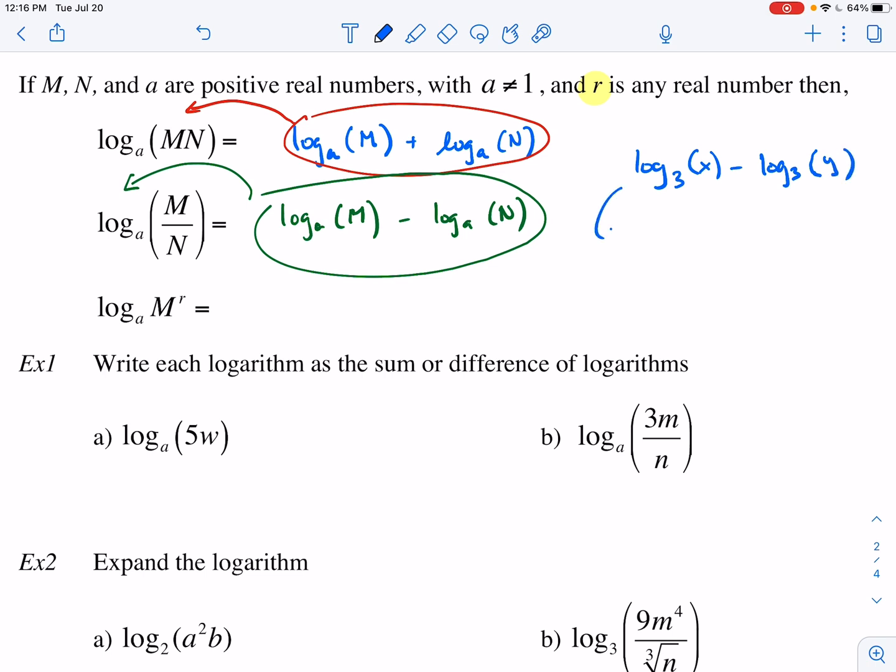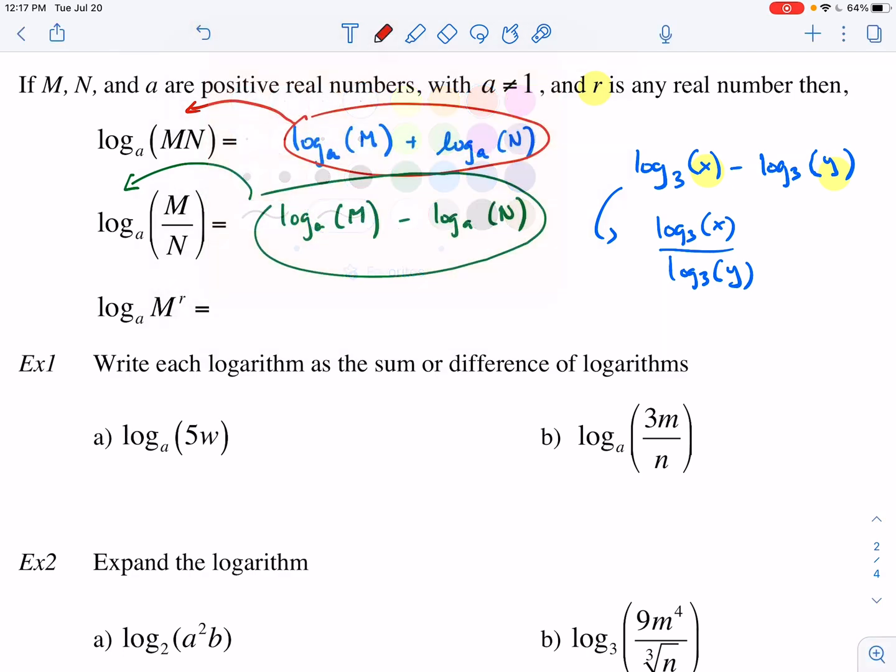When they go to the condensed form or compressed form, they'll say, okay, this is just log base 3 of x over log base 3 of y, right? So notice that that's not correct, because the rule said that it's the quotient of the argument, which is x and y here, not log base 3 of x divided by log base 3 of y. So this is the incorrect notation here.